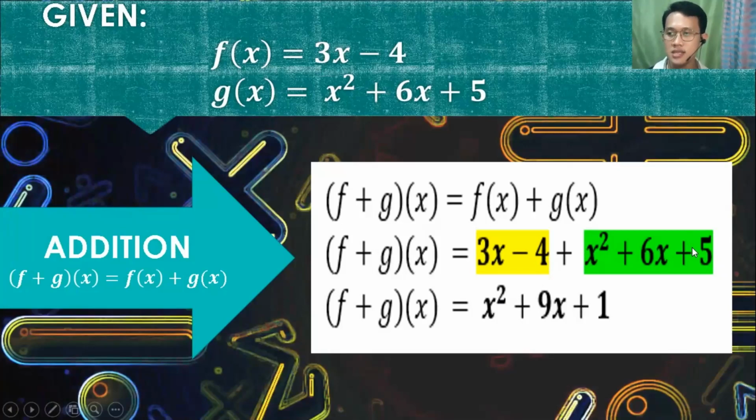And the constants, negative 4 and 5, you combine them. Negative 4 plus 5 is equal to 1. Therefore, the quantity of f plus g of x is equal to x squared plus 9x plus 1. Okay, that's how easy it is.